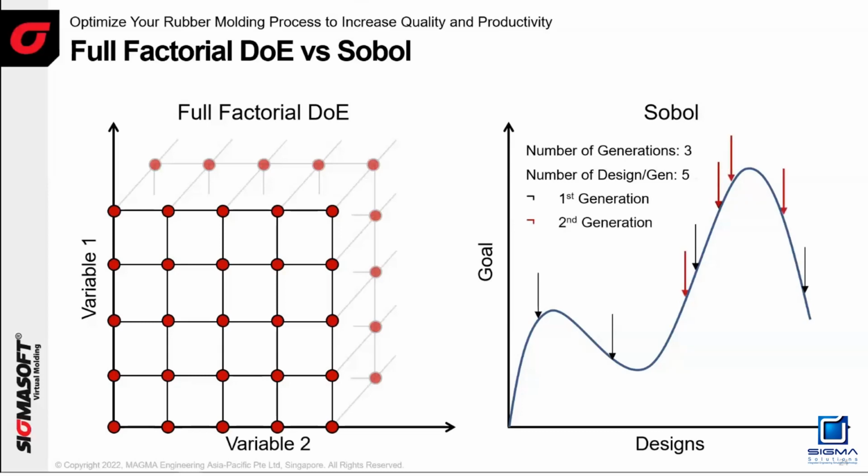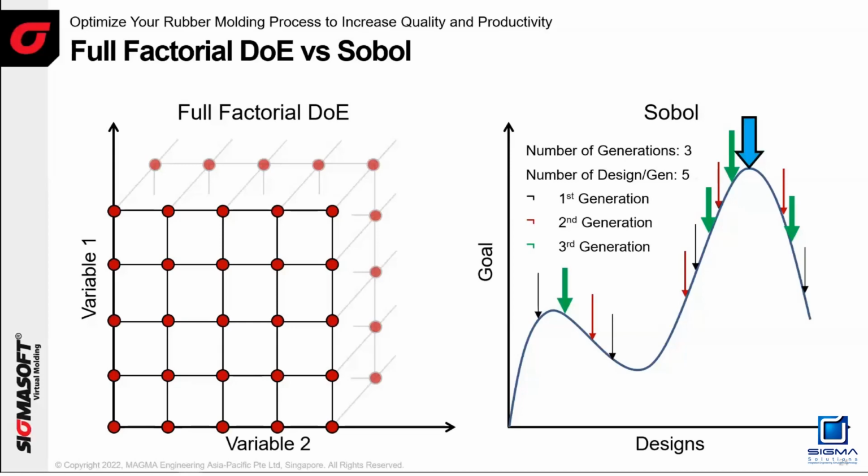That's for the second generation. It does the same thing for the third generation. It selects the 5 designs with consideration of the particular variables, then again does the third generation simulation. That's how it comes out with the best designs.